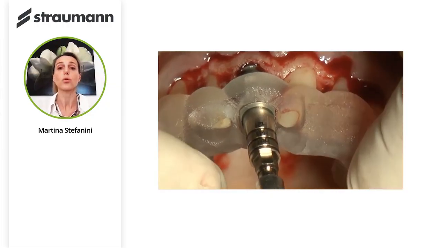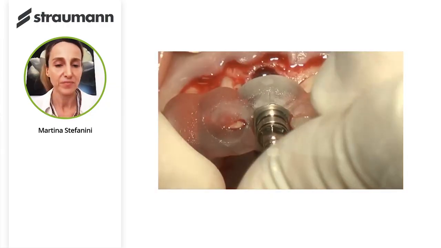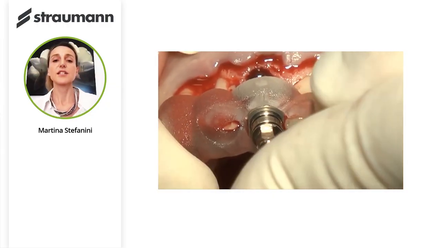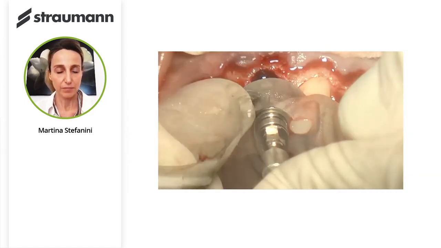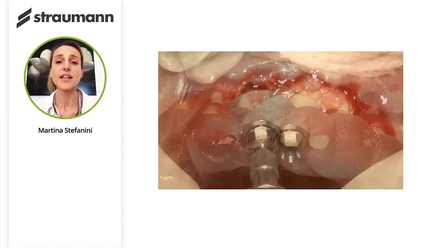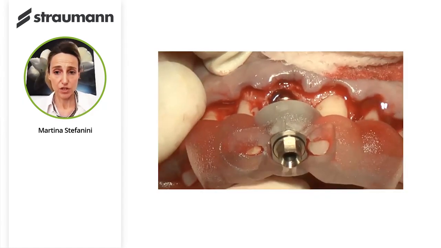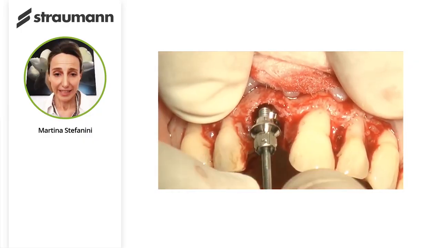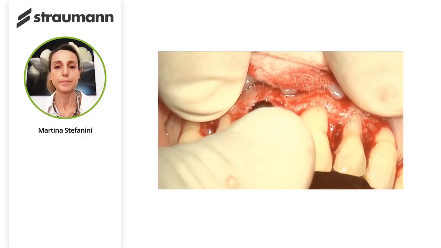So we need to coronally advance our flap. So this is the guided implant placement after the tooth extraction, ample flap elevation, and coronal advancement of the flap.